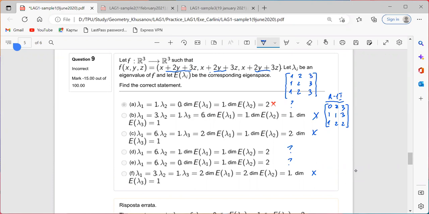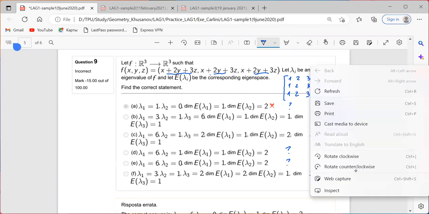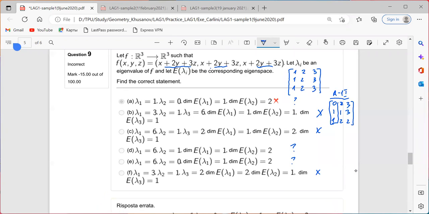We can compute this determinant by expanding according to the first column. So 1 multiplied by, minus 1 multiplied by the cofactor.